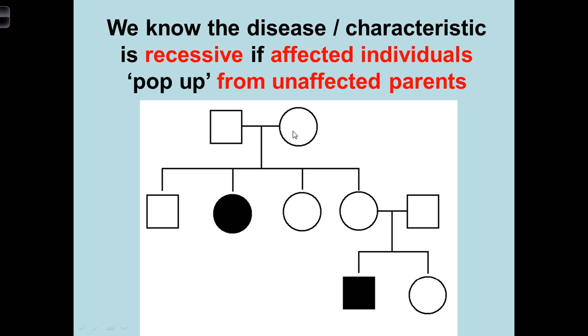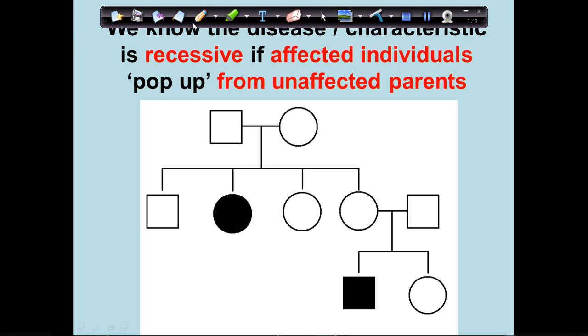So how is it possible for 2 parents to have a child who is different? Well, what has to have happened is this parent must be a carrier. They must have a hidden recessive allele. And this parent here must also be a carrier.